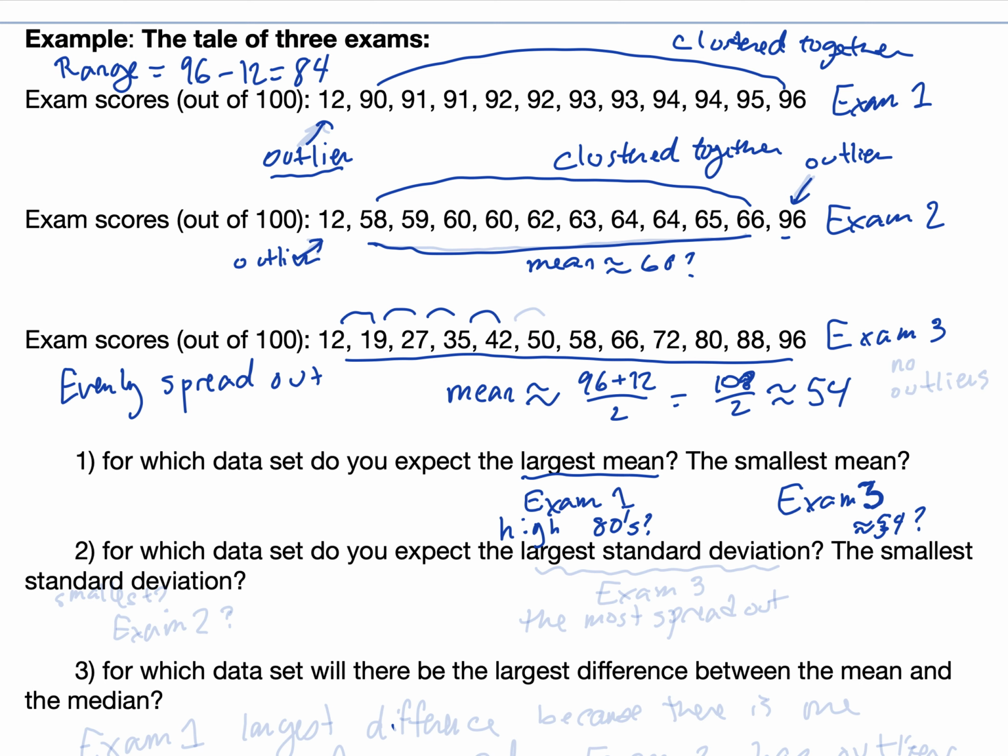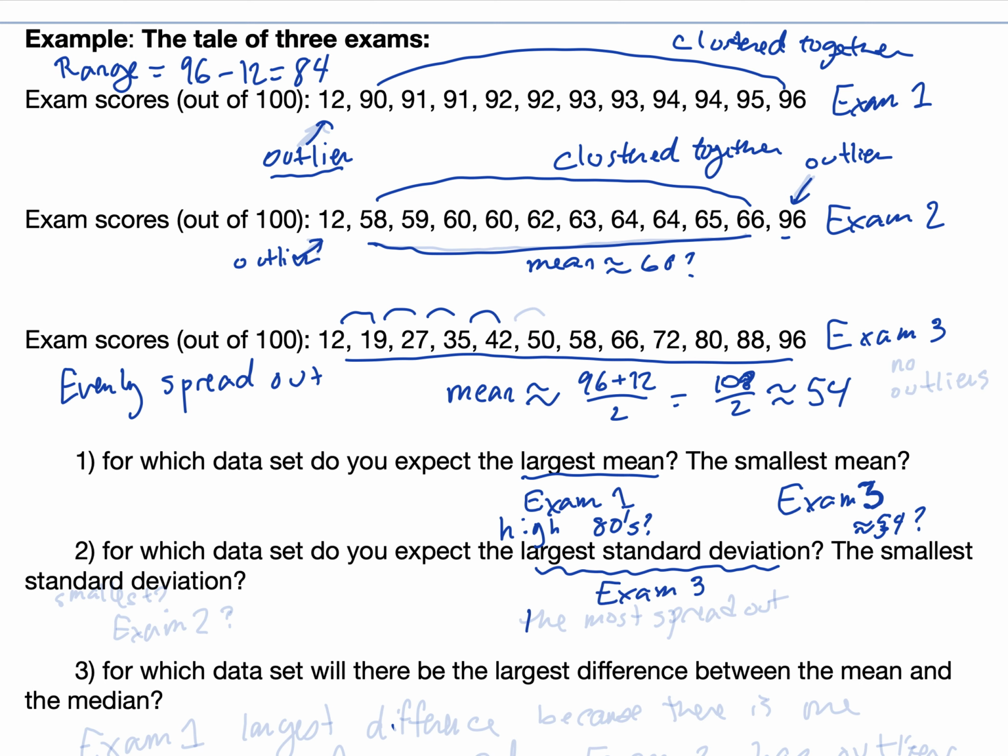For which data set do we expect to have the largest standard deviation, and the smallest standard deviation? When we look at these 3 exams, we saw that exam 1 and exam 2 were relatively clustered together, even though they have outliers, whereas exam 3 is totally spread out. So we might expect the largest standard deviation to be exam 3.